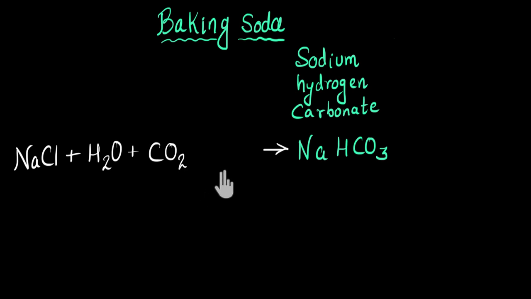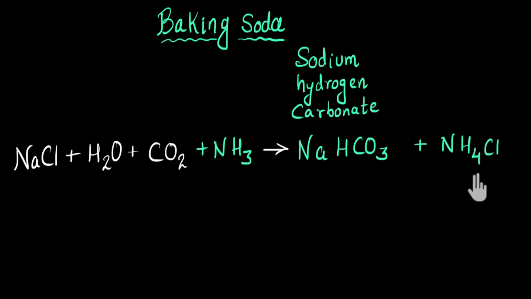But you know what? There is one more ingredient, one more compound that goes into this mixture. And that is our ammonia, NH3. So sodium chloride, water, carbon dioxide, and ammonia, they all react and NaHCO3 is formed. And with this, we get one more product, NH4Cl, ammonium chloride.